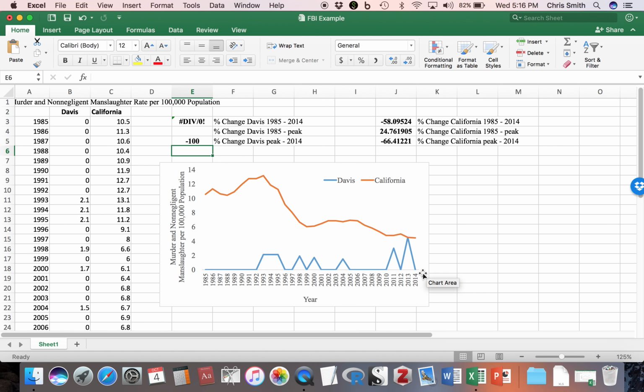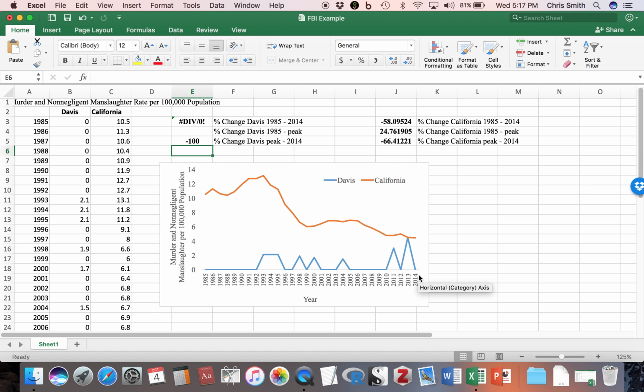So now we have to think more intuitively. Should we actually be calculating percent changes when most of the years over these 25 years were zeros? We'd be misrepresenting our data if we wrote about a 100% decrease in the murder rate between 2013 and 2014. Of course, there's a 100% decrease when you go from one number to a 0.